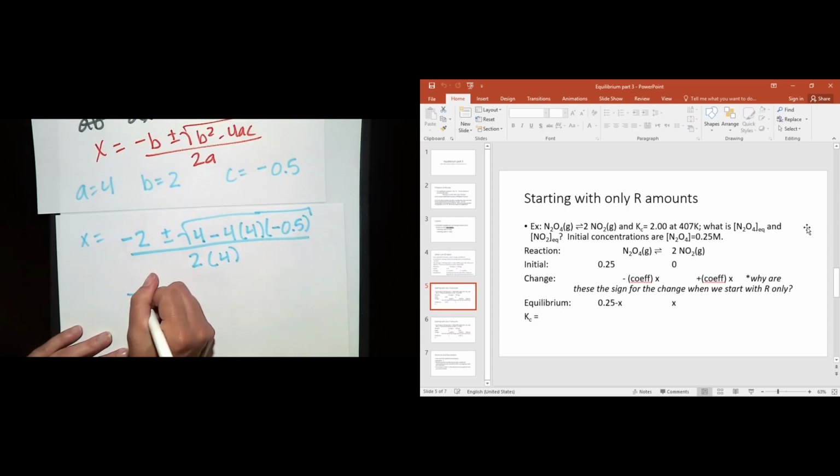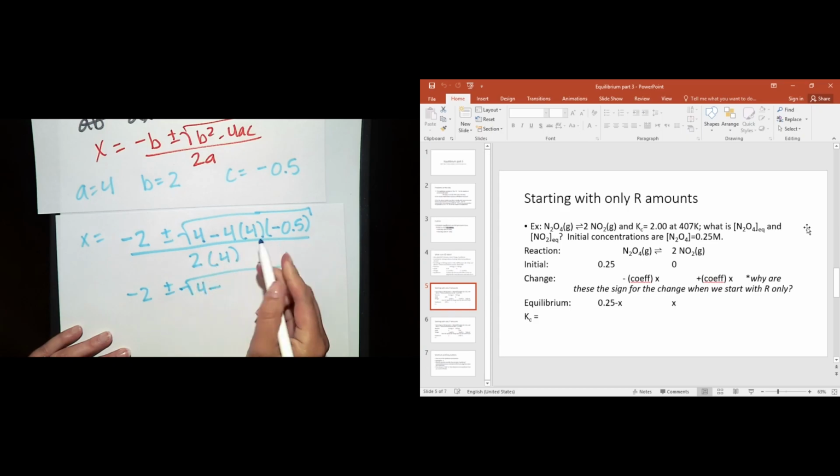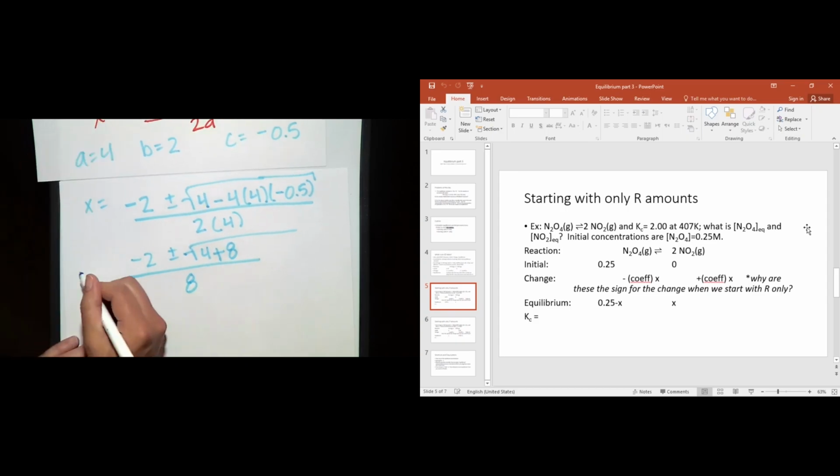All right, negative 2 plus or minus the square root of 4 minus plus, minus a negative is a plus. 4 times 4 is 16, times a half is 8, divided by 2 times 4, which is 8. Okay, so that's what I'm getting so far.